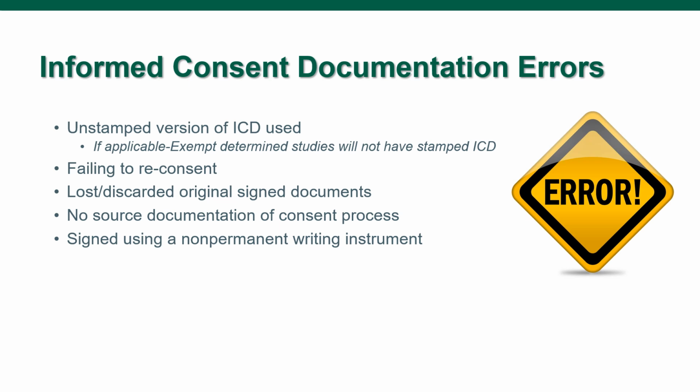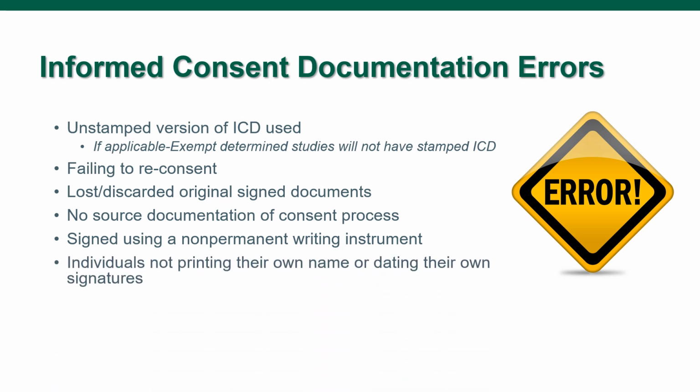Okay, all right, next is when individuals don't print their own name or date their own signatures. Now, unfortunately, it is a requirement that they are to do this themselves. Now, if you have a study population that has a high risk of pain while writing, such as hand injuries or severe rheumatoid arthritis, you can put in your protocol that you're going to print the name, print and date it, and they're going to sign it themselves, or however.